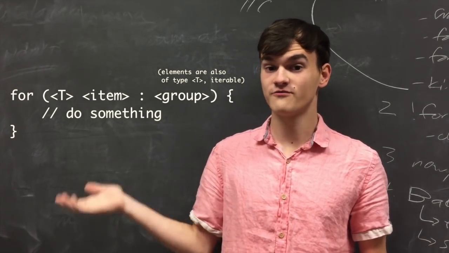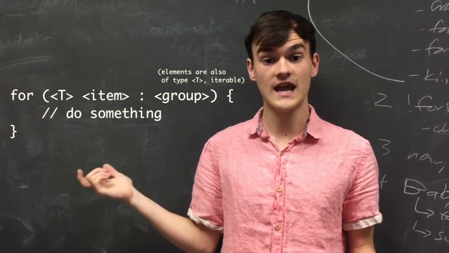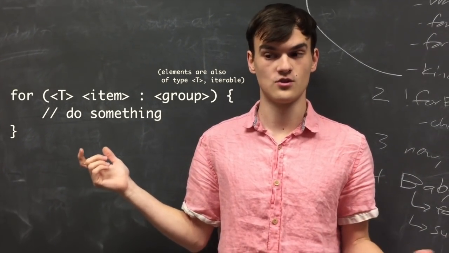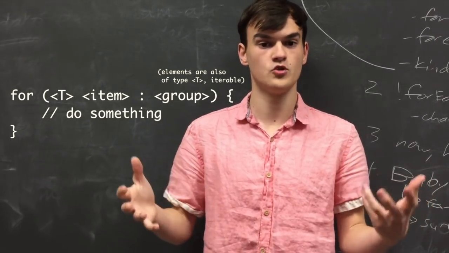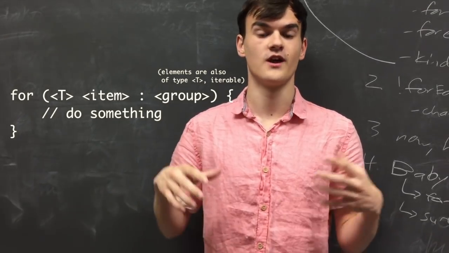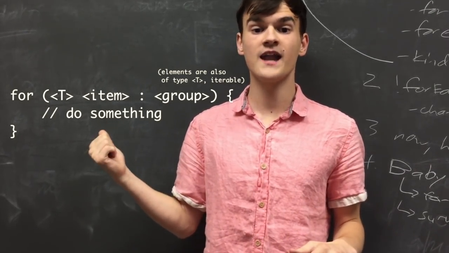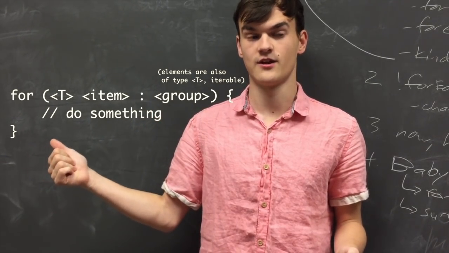So the way that you define that is any type T, and then a name for the variable of each of the things that you're looping through. Then after the colon, we specify the group of things that we're looping through. And that group has to be something iterable, like a list or an array, and it has to contain elements of the same type T that we declared at the beginning of the for loop.